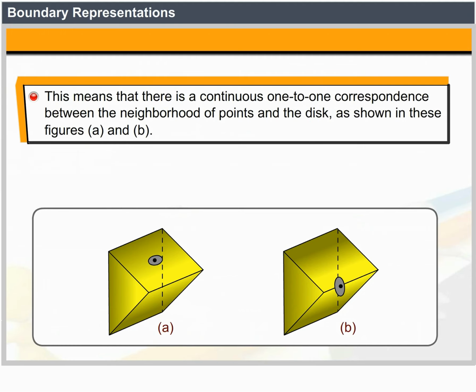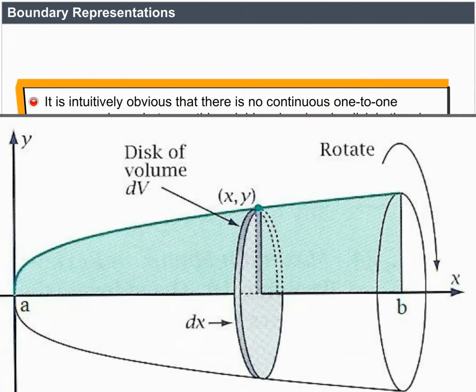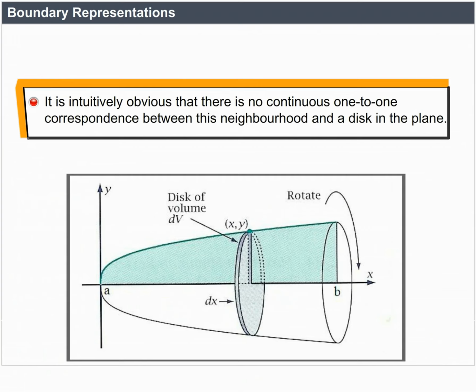This means that there is a continuous one-to-one correspondence between the neighborhood of points and the disk, as shown in these figures A and B. For example, if more than two faces share an edge, as in this figure C, any neighborhood of a point on that edge contains points from each of those faces.